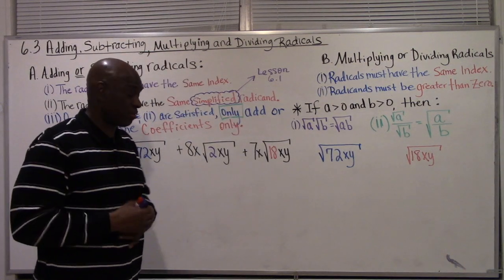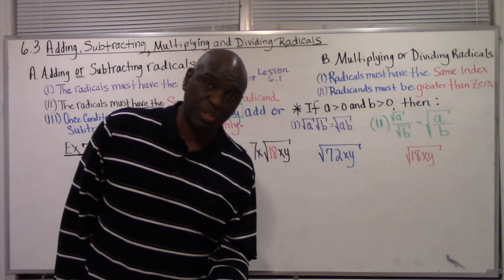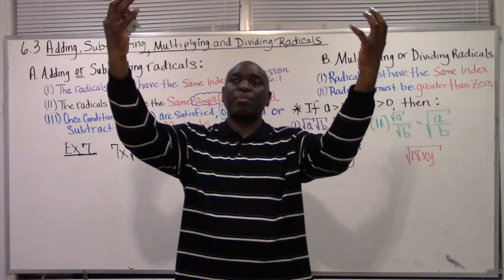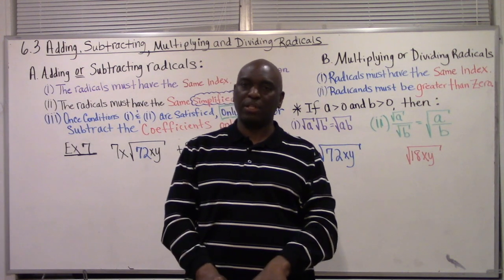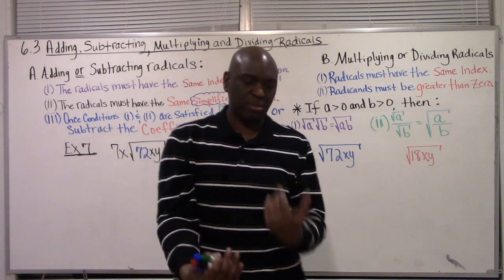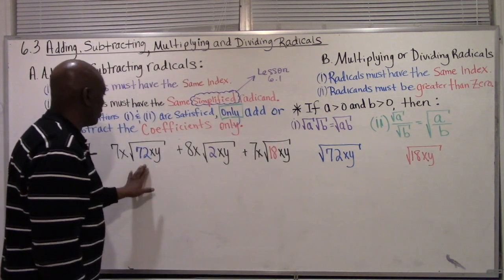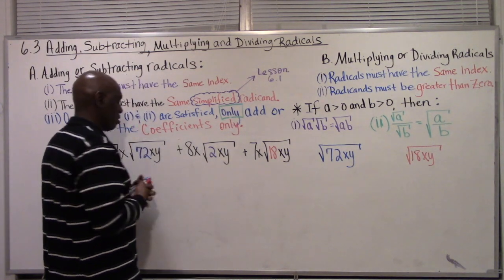Now notice this. I'm not going to work on 2 because 2 is the smallest number. Remember, you take your larger numbers and you pull them down. The smallest number is the base. Leave it alone. So I'm working on 72. I'm going to work on 18. I'm going to leave this one alone.